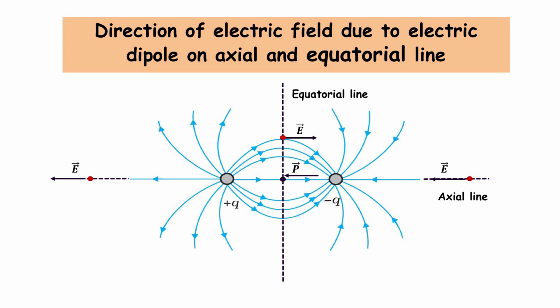In the E versus r graph, when r tends to 0, E tends to infinity, and when r tends to infinity, E tends to 0.